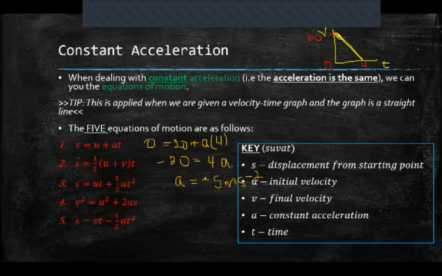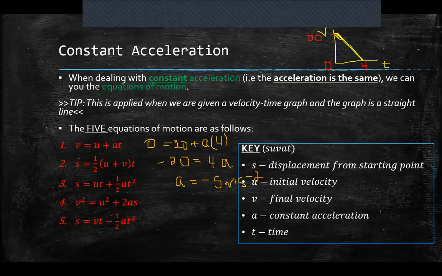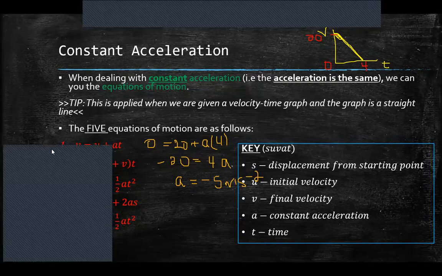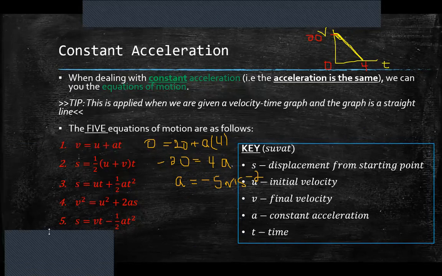And don't panic about the negative sign, because the gradient of this graph would be negative. How do I know that? It's a downward slope. Then my value for A, which is the gradient, would also be negative. All that means is it's a deceleration, which is a negative acceleration. We learned that when we were doing the definitions.